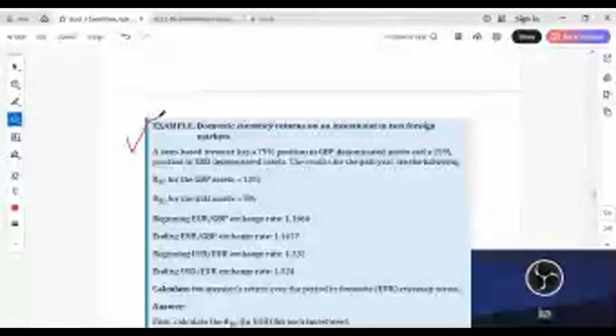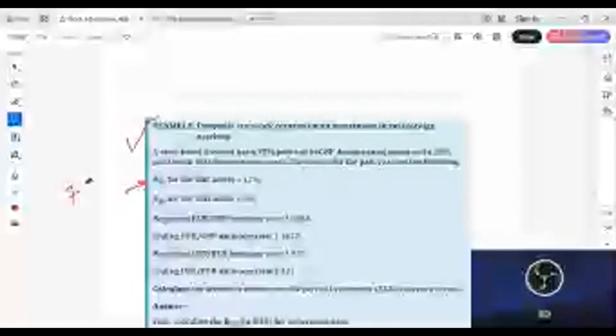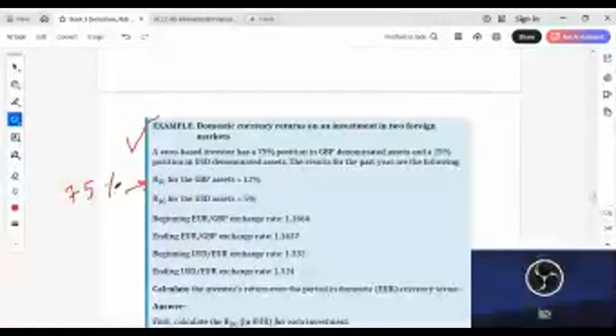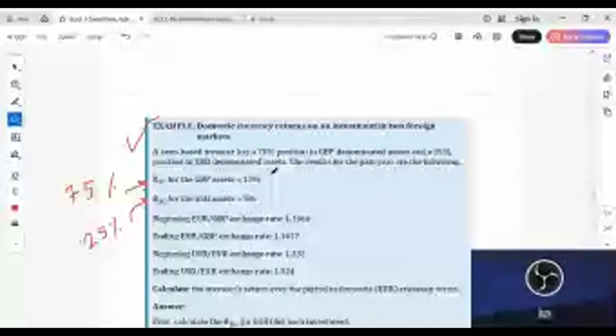75% assets in dollars. Dollar is 25% of the portfolio. Dollar denominated assets. Then this GBP in terms of GBP 12%.